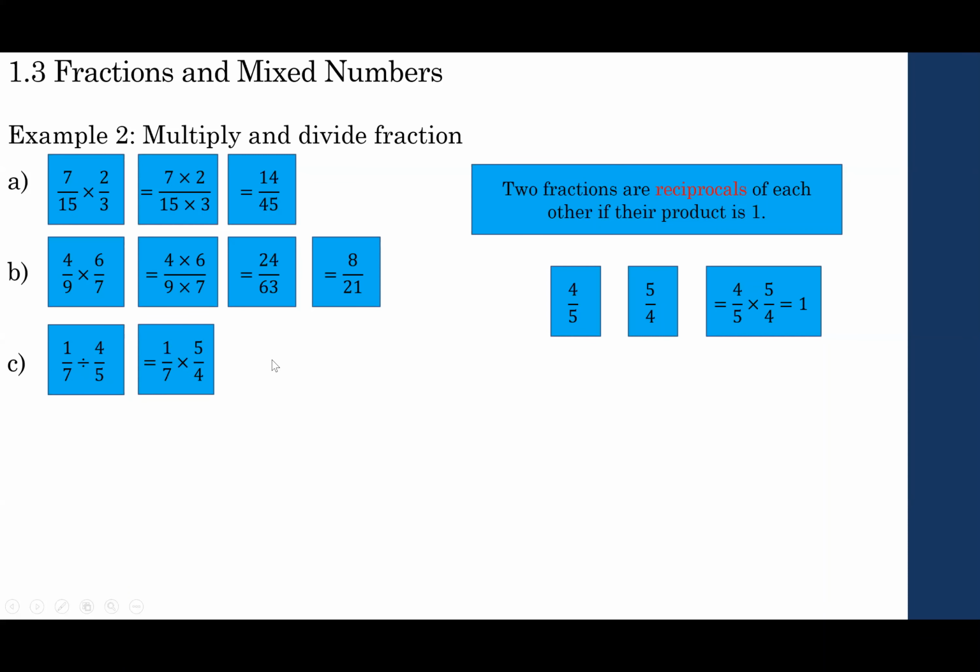Top times top, bottom times bottom. But in order to multiply, make sure you take the reciprocal of the second fraction first, which means changing the division to multiplication. Once you do that, it's just back to problem A and problem B. 1 times 5 is 5, 4 times 7 is 28, okay?